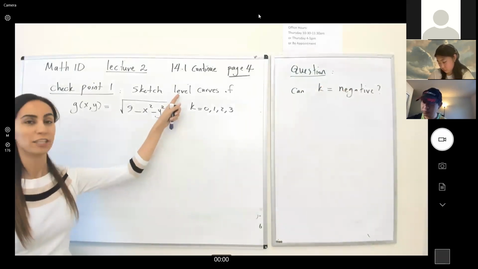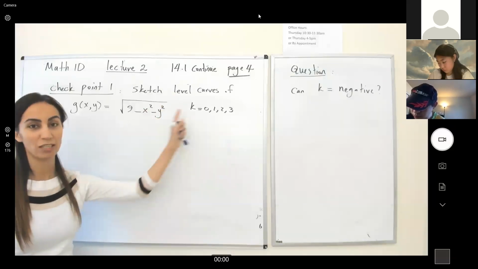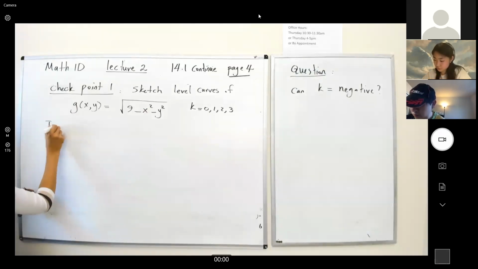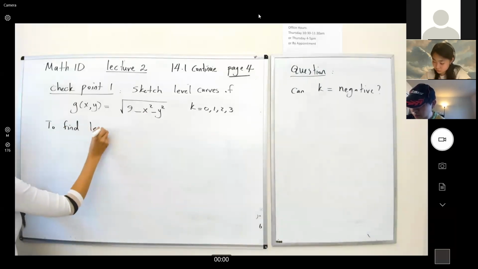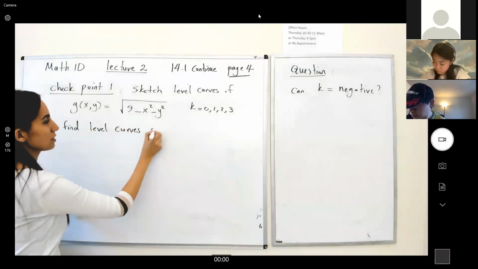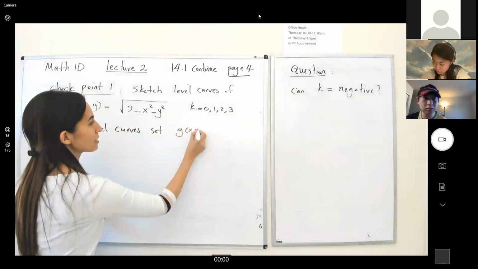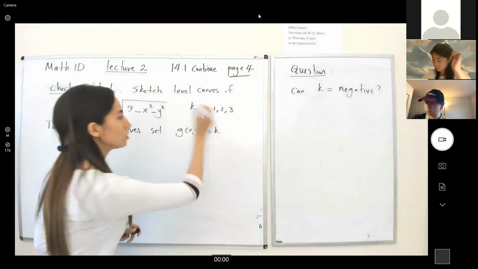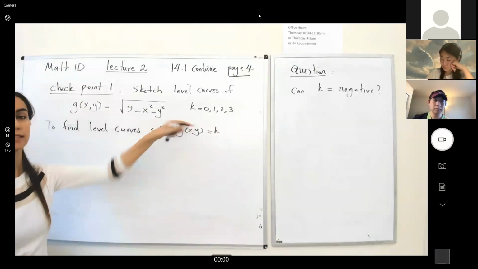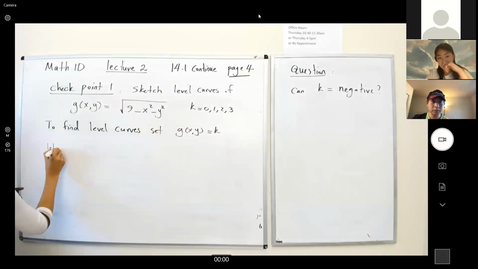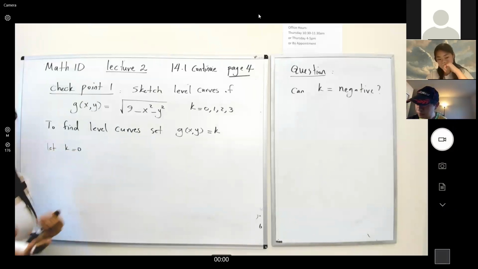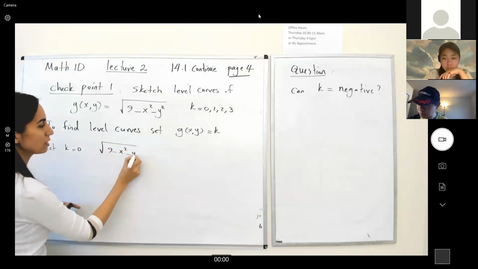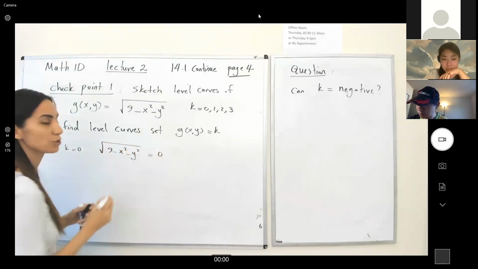So to find level curves, you need to set the function equal to each of those k values. Set g of x and y, the definition of g of x and y, which is your z, equal to k. K is equal to 0. Let k be 0. So your g is square root of 9 minus x squared minus y squared equals 0.